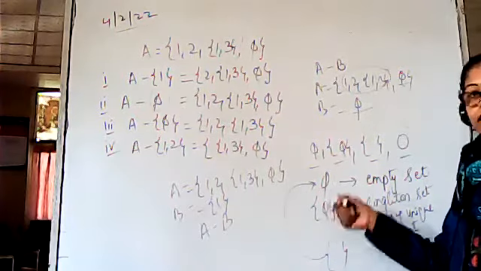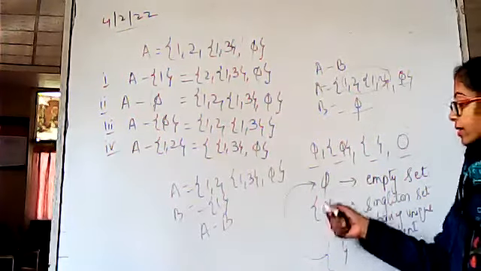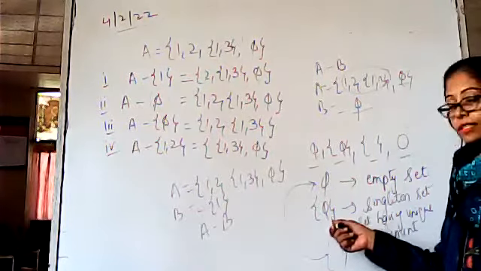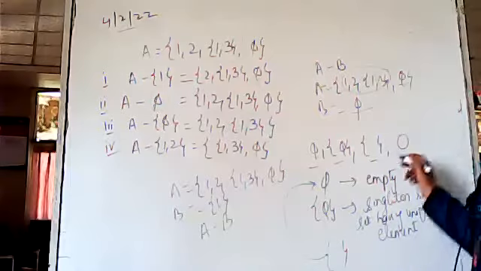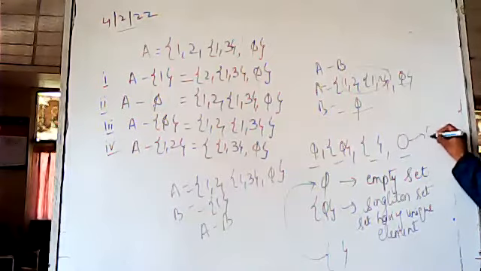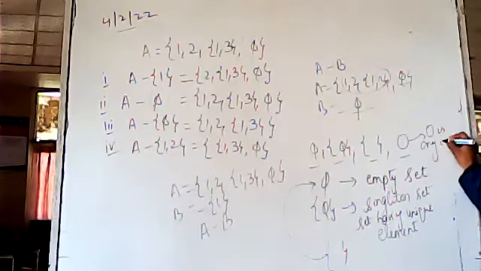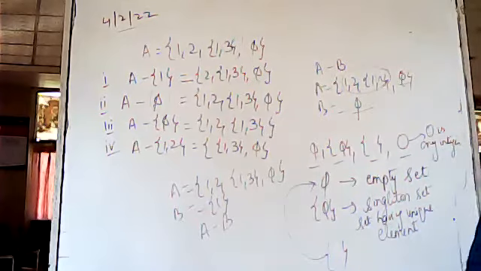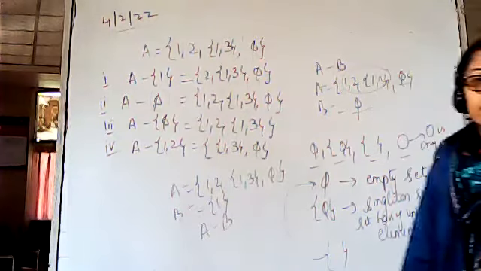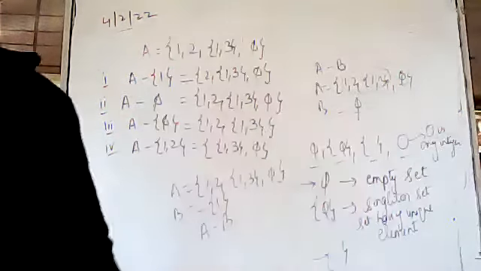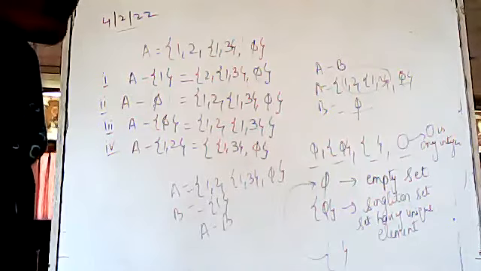But if you write phi in some set in the curly brackets, it means that this is a set having an element phi, right? 0 is an integer. Okay, so there is a difference as well as a relationship between these 4 things, right?